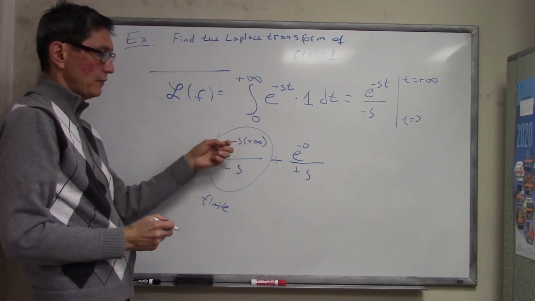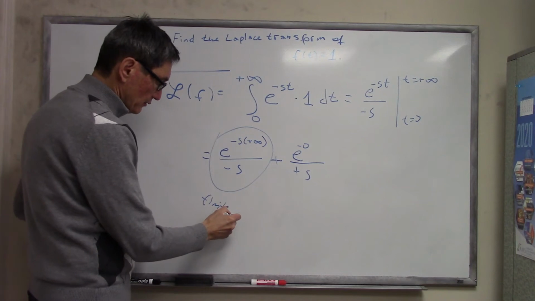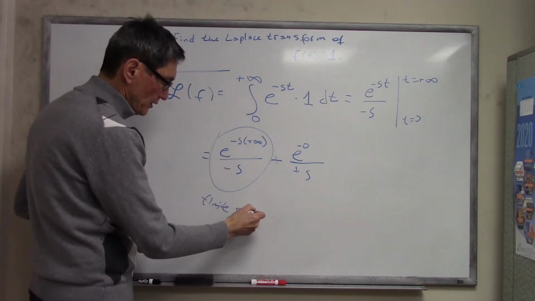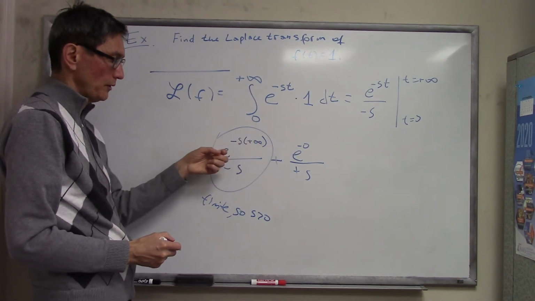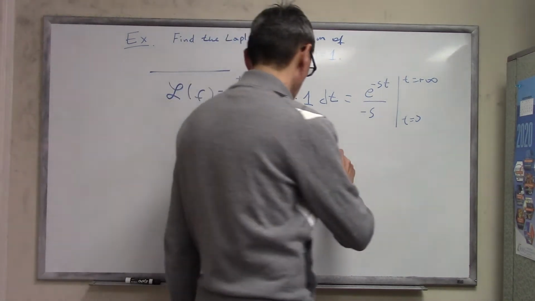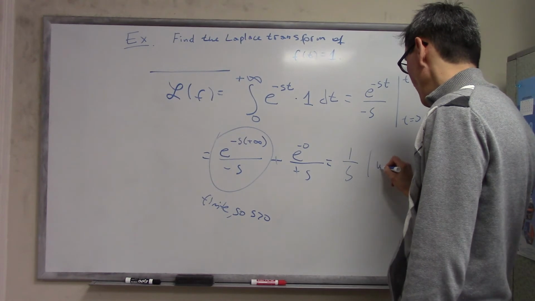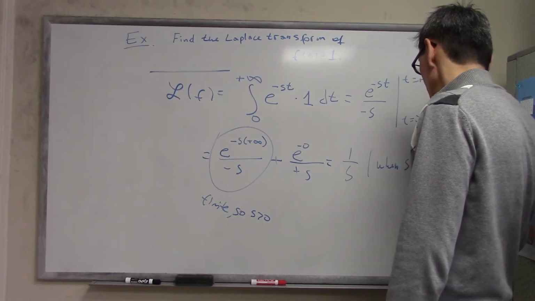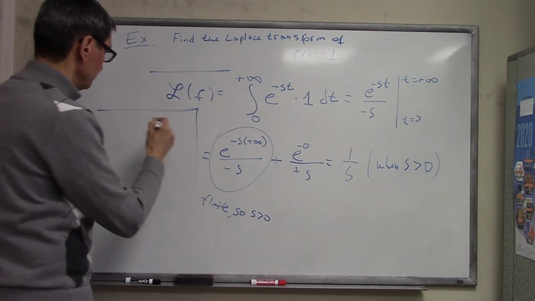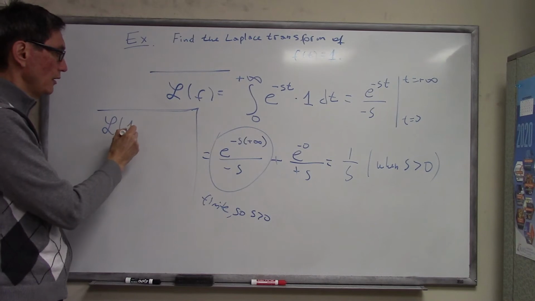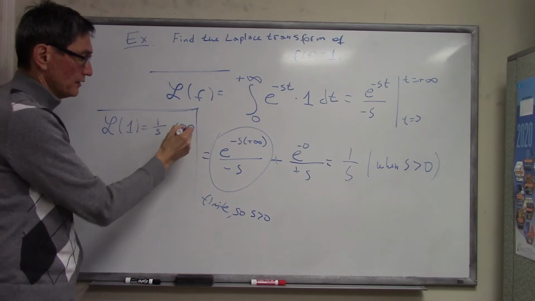So we wish the power on the top to be negative. For that to happen, s has to be positive. So if s is positive, we get negative infinity on top and e to the negative infinity is 0. So that equals 1 over s when s is bigger than 0. So to summarize, Laplace transform of 1 equals 1 over s, assuming that s is bigger than 0.